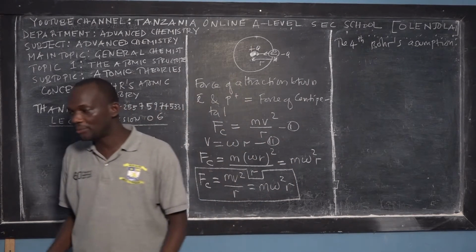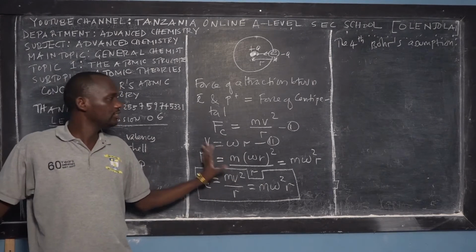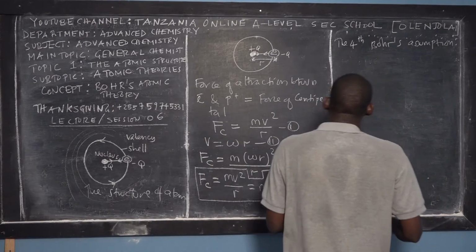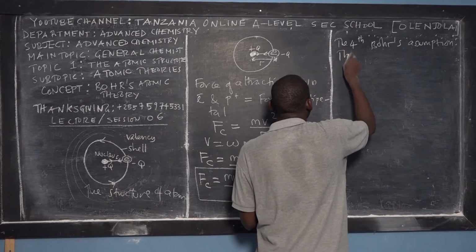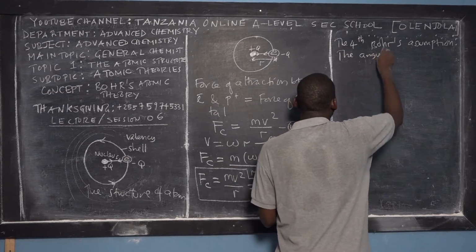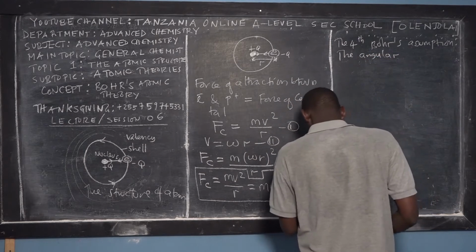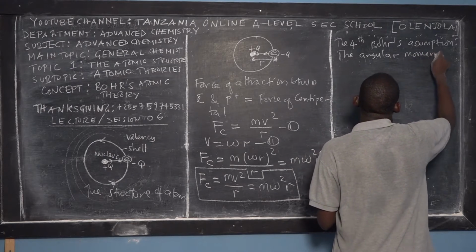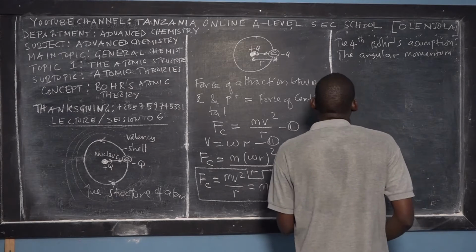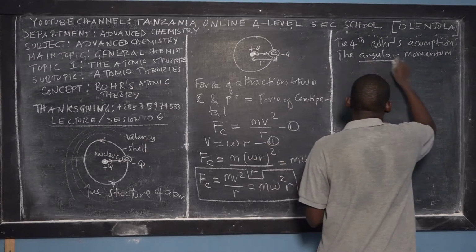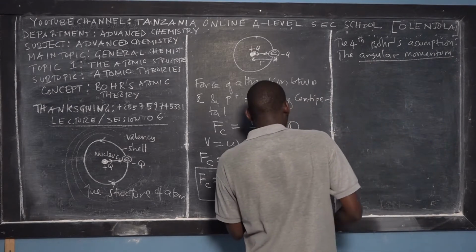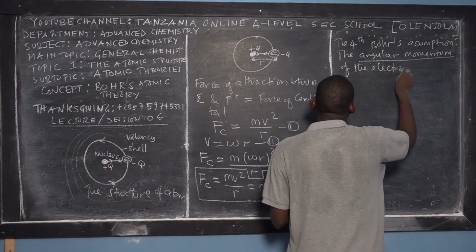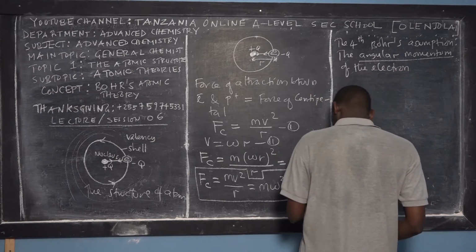The first Bohr's assumption is still relating to the third, right? The third assumption says that the angular momentum, let me underline this keyword, a very important word, of the electrons, because electrons are orbiting the nucleus of the atom, right?